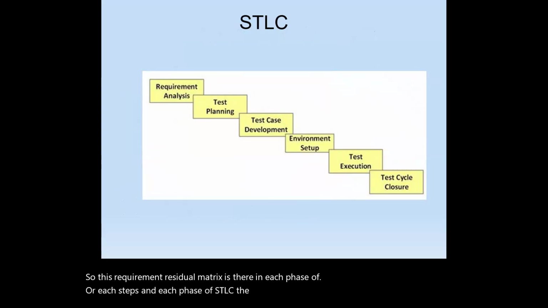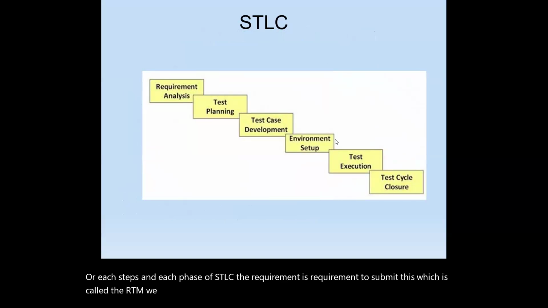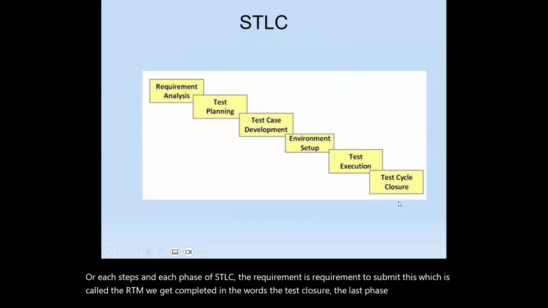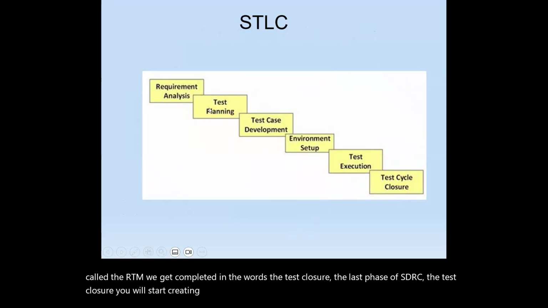The requirement traceability matrix, which we call the RTM, will get completed in the test closure, the last phase. You will start creating your RTM in the requirement analysis phase for testing. You will not end it.